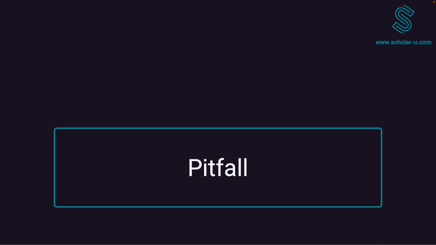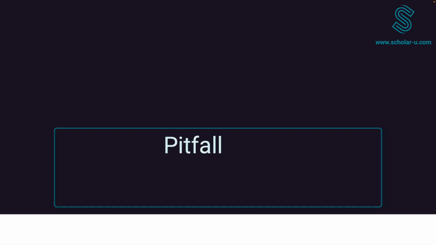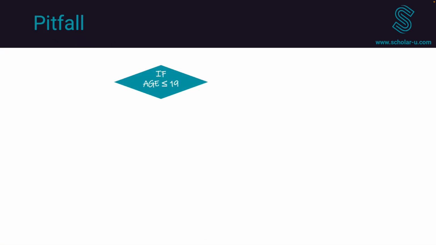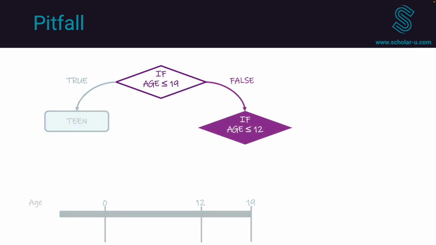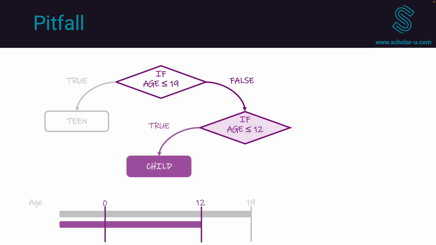When employing these optimization techniques, it's crucial to avoid a potential pitfall that arises from altering the order of the if statements. For instance, if we first ask whether someone is 19 years old or younger, and classify them as teenagers accordingly, then proceed to ask if those not classified as teenagers are 12 years old or younger, and label them as children, we encounter an issue.